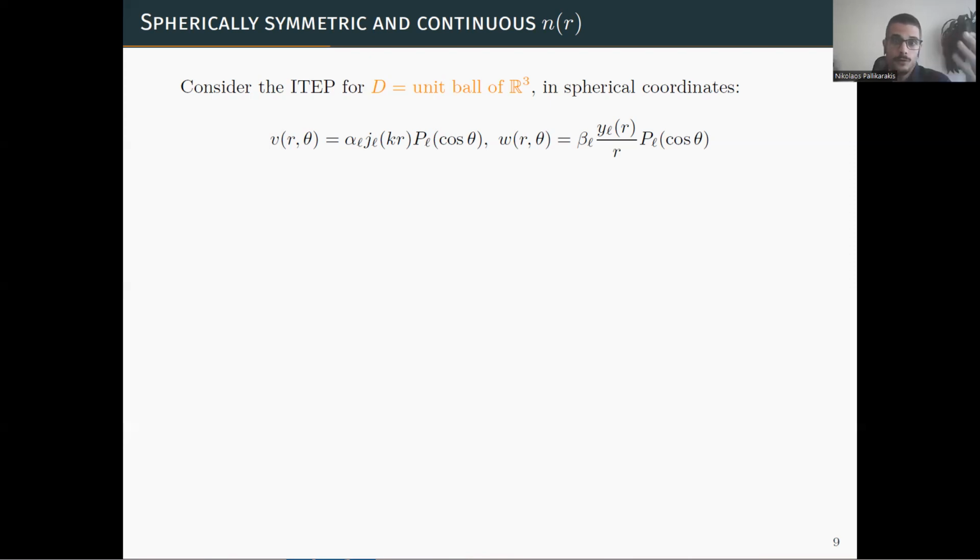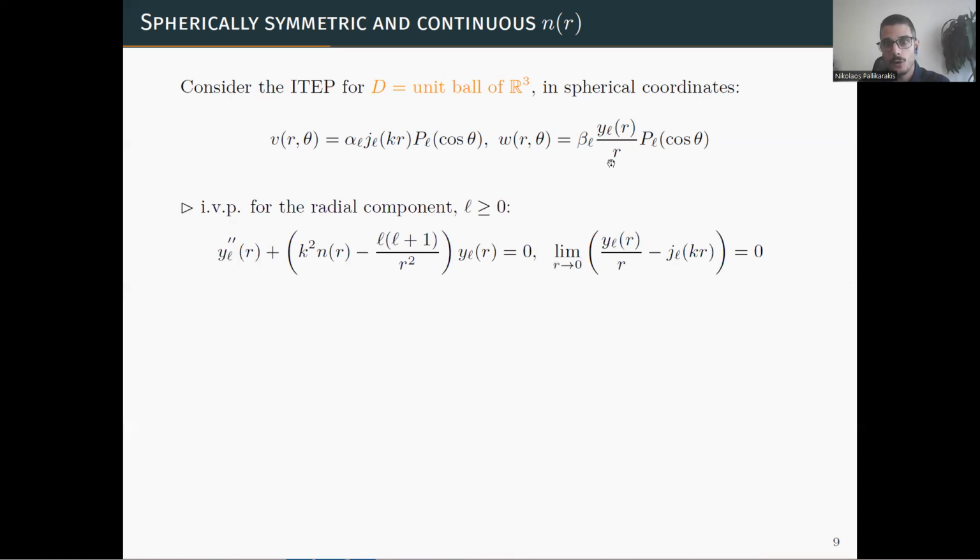And so the eigenfunction can be represented as an infinite series of spherical harmonics, and assuming azimuthal symmetry, these are simplified in the following forms, where j_l is the spherical Bessel function, P_l are Legendre polynomials, and this function y(r) is the radial component of the eigenfunction W, and satisfies this differential equation here together with this initial condition.